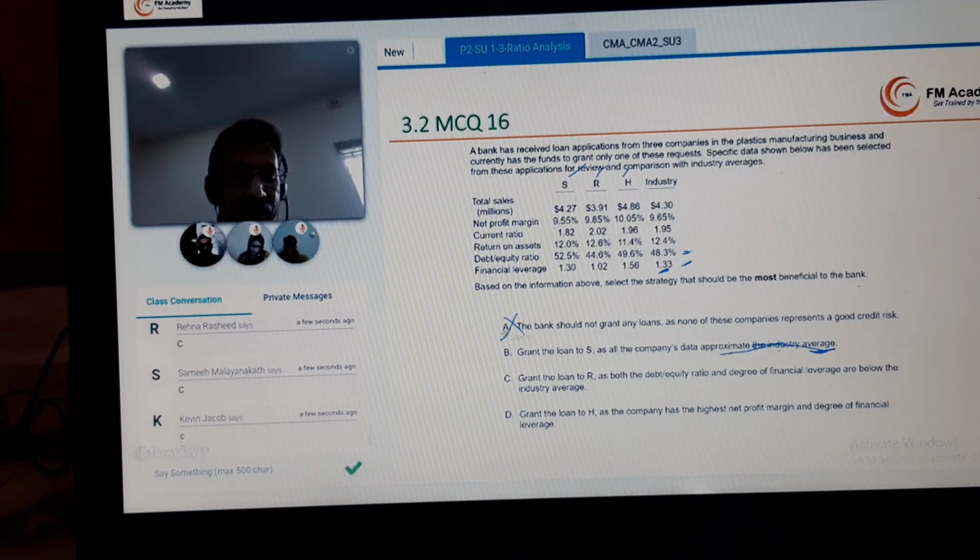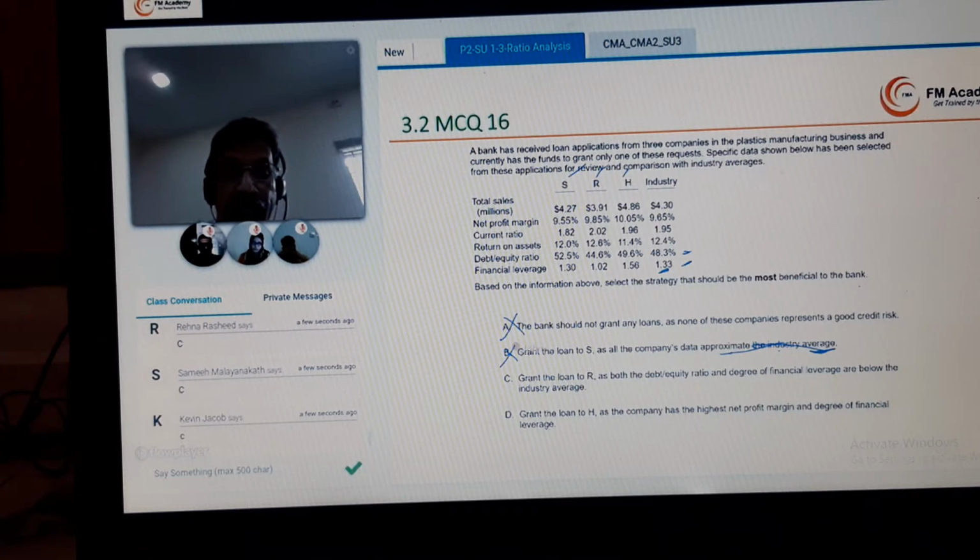Provided some other companies are less than the average, then yes. But you have seen that at least on the parameters we have already discussed, some companies are better than the industry average. You're going to choose the company which is better than the average.